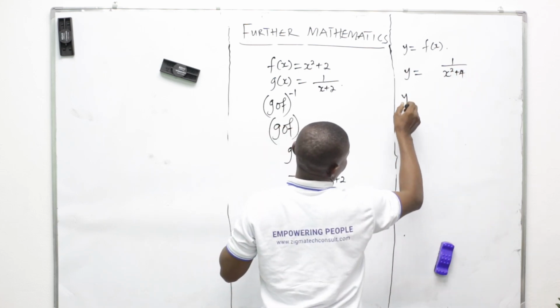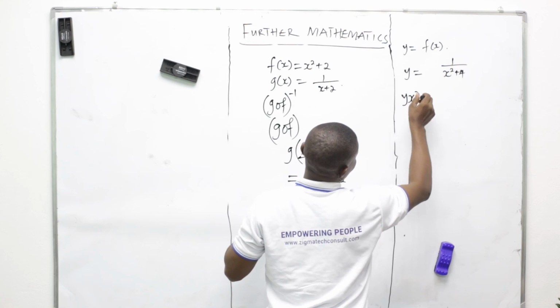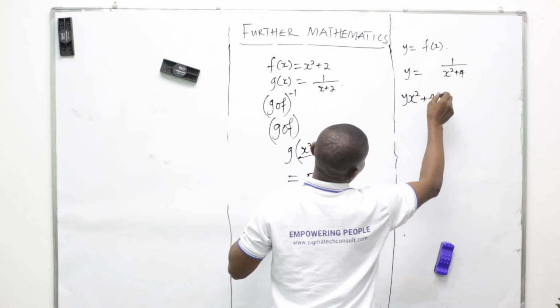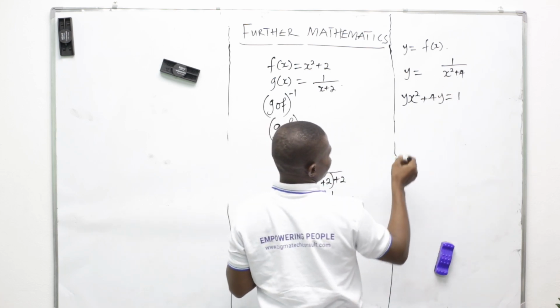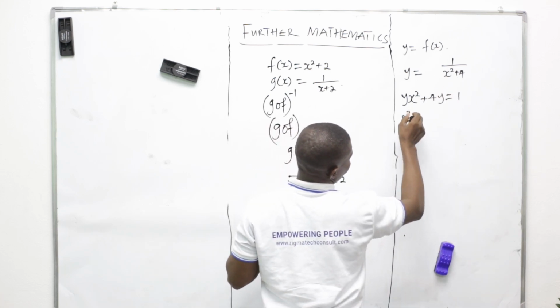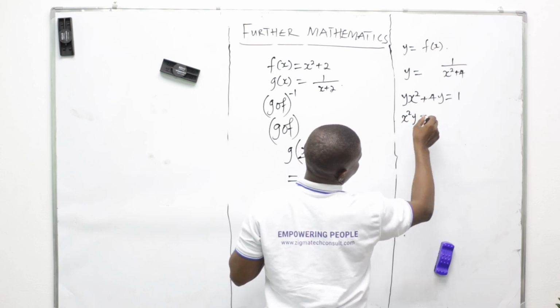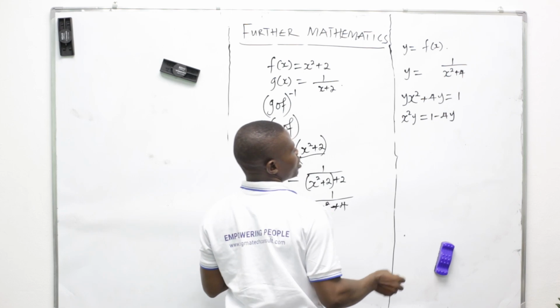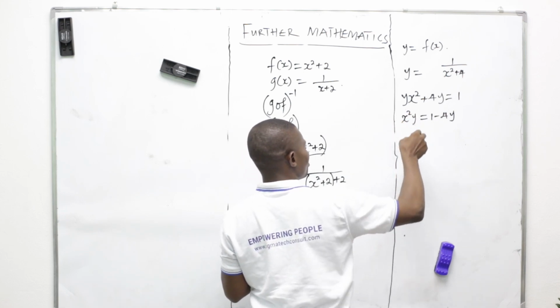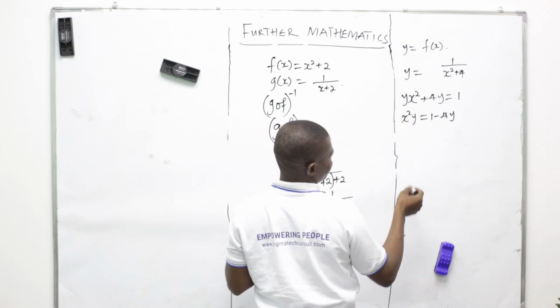When we cross multiply, we have yx squared plus 4y equals 1. So that x squared y equals 1 minus 4y. Our interest is to make x the subject of the formula.